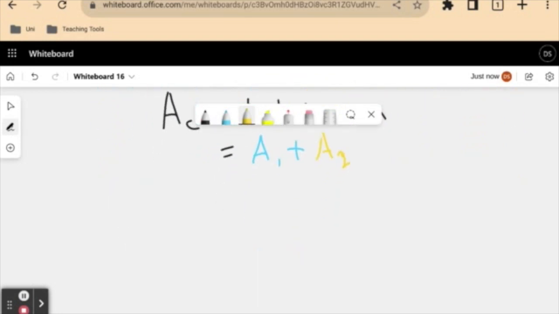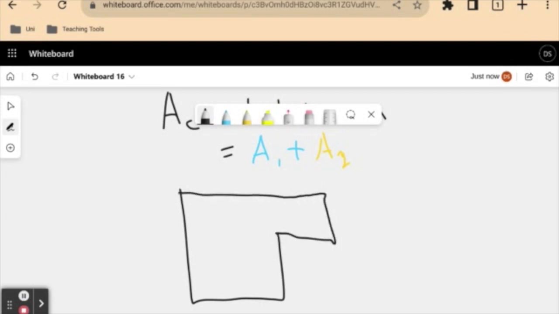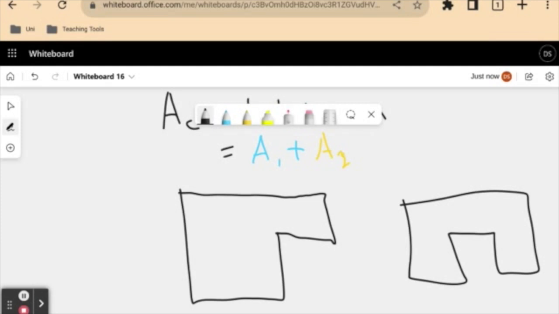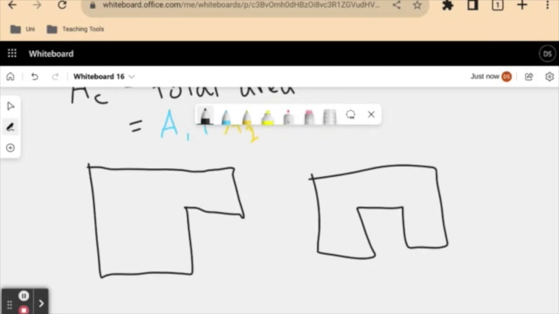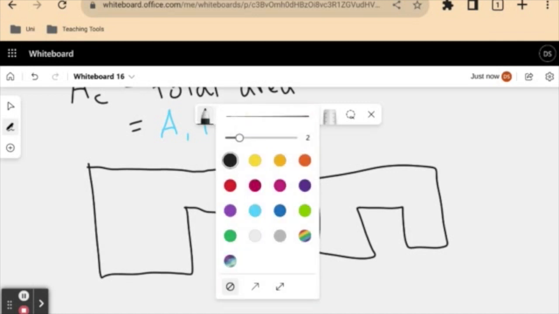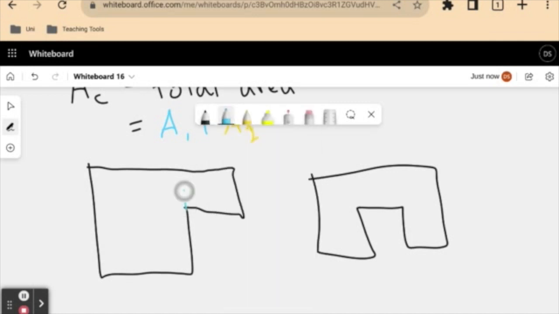And you may find that a lot of questions you could come across have really weird shapes, something like this, or this little shape like this. These aren't shapes that we're typically used to, but these are just different types of composite shapes, because these can be split into shapes that we already know, and they can be done in numerous ways.